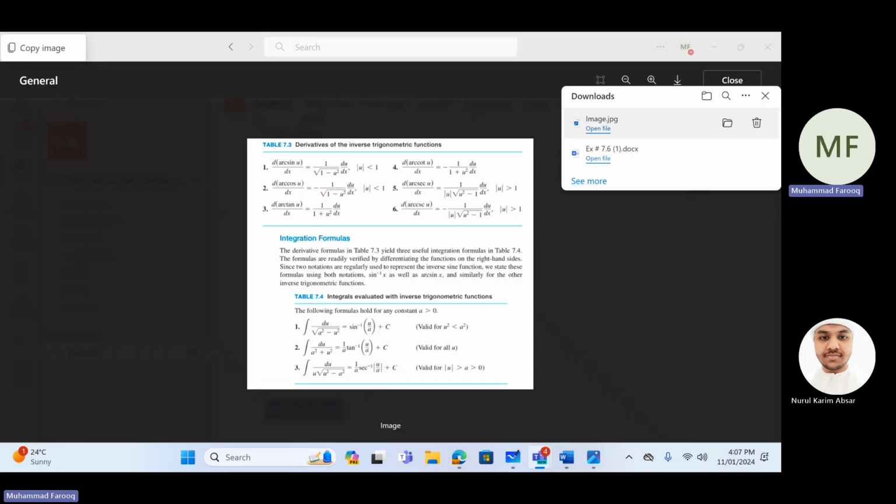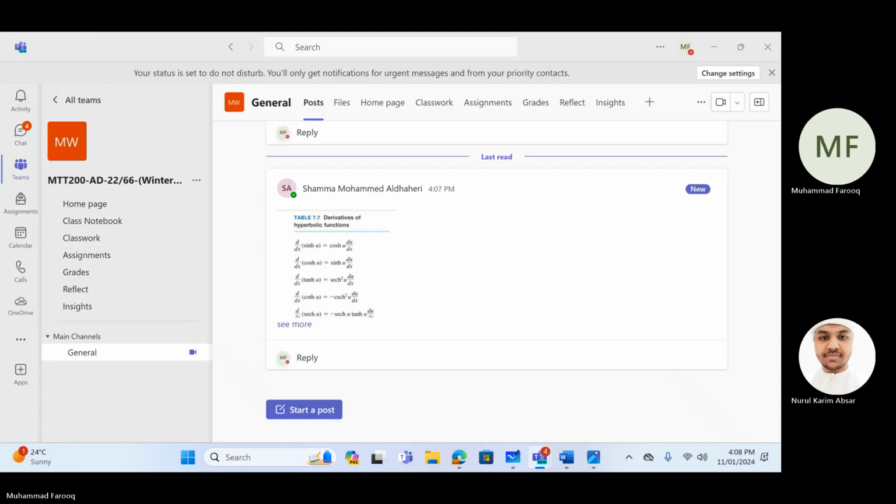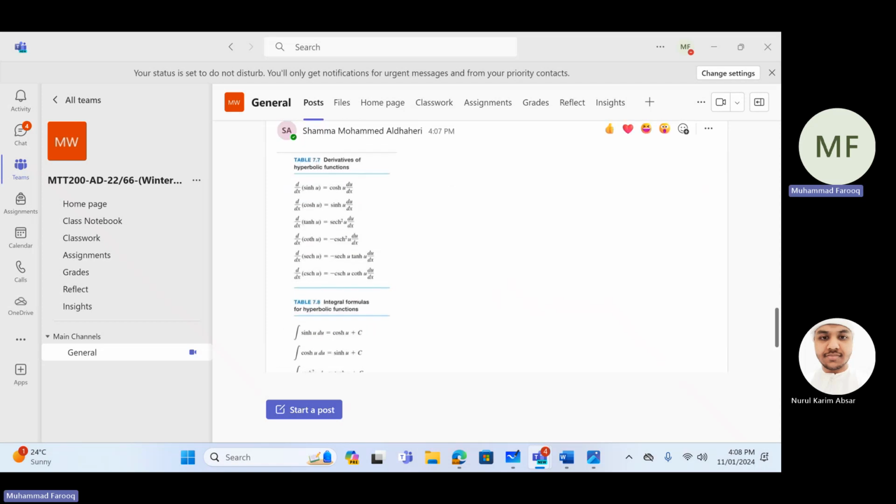So let's go back. Look at the sheets: table 7.7 and table 7.8. Table 7.7 is basically the derivative rules of which function? Hyperbolic function. You will get this from the sheet, so no worries, just follow the formula.